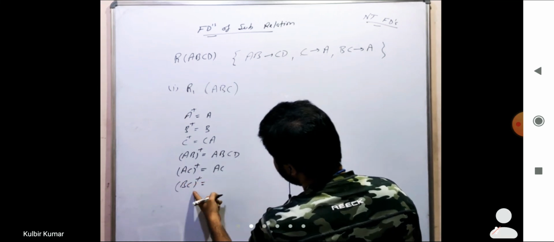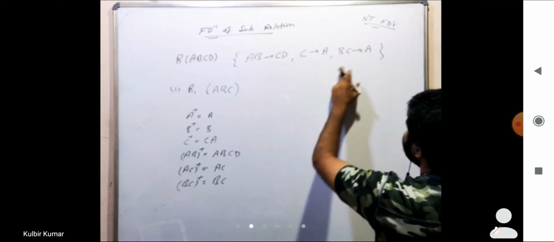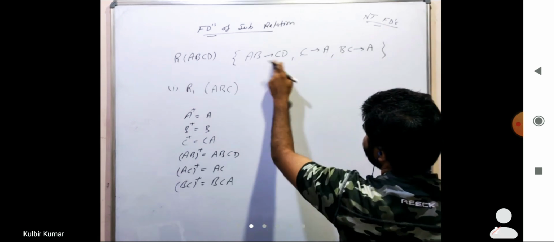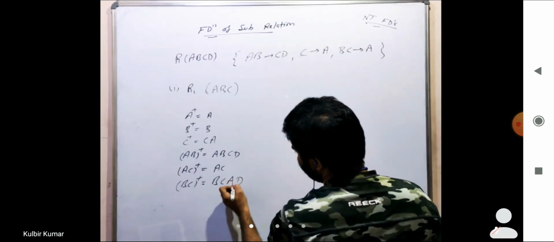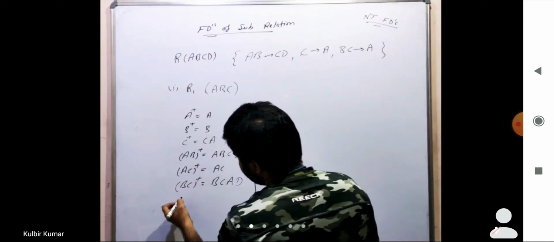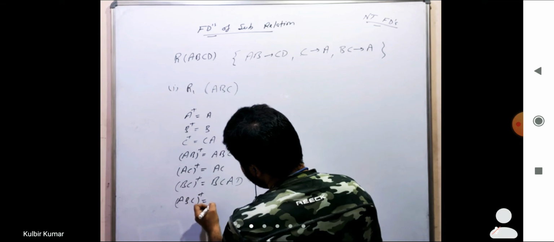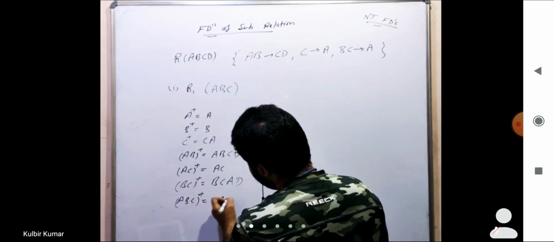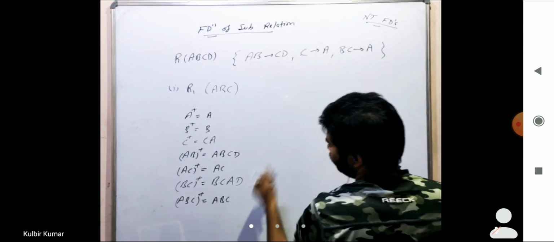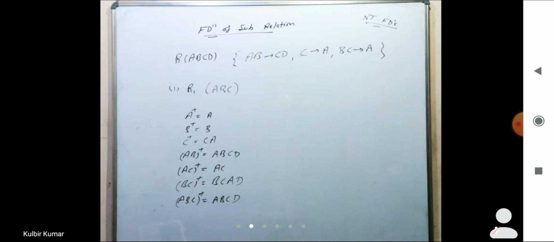BC closure is BC itself, and from B and C we can derive A, and from A and B we can derive C and D. C is already there, D we can derive. What about ABC closure? ABC itself, and with the help of AB we can derive C and D also, and it is final.